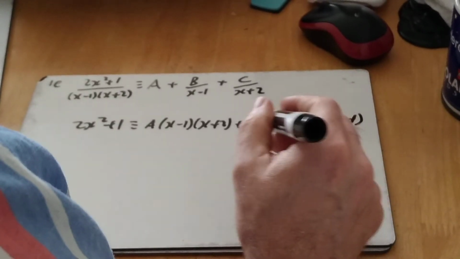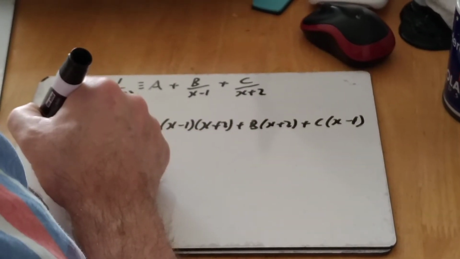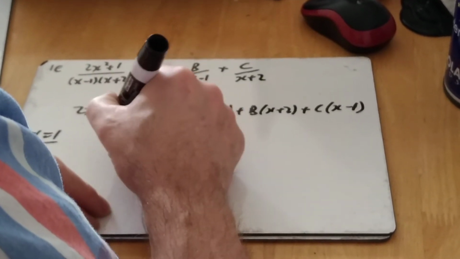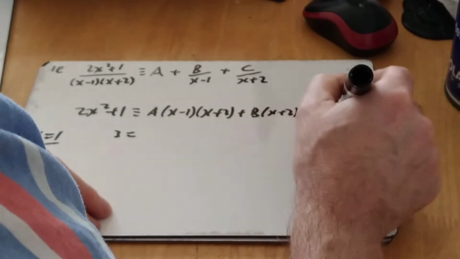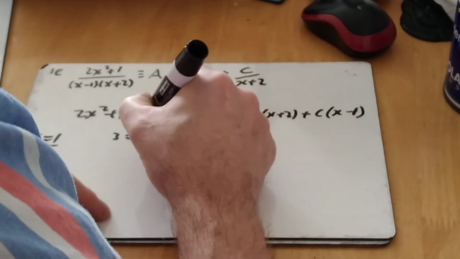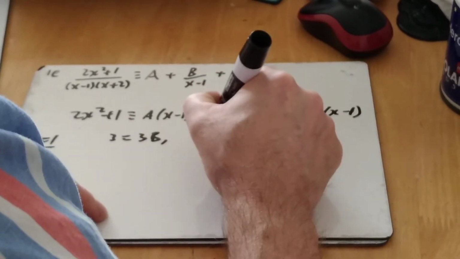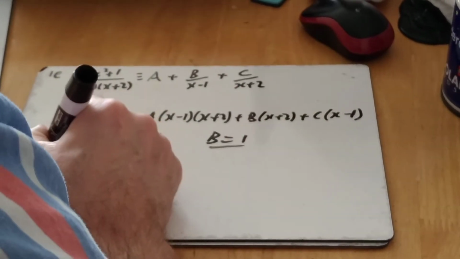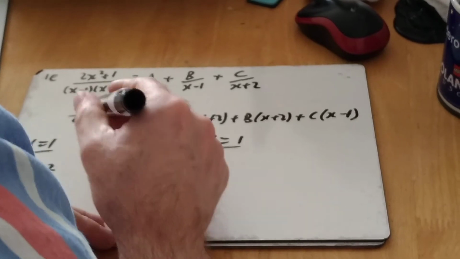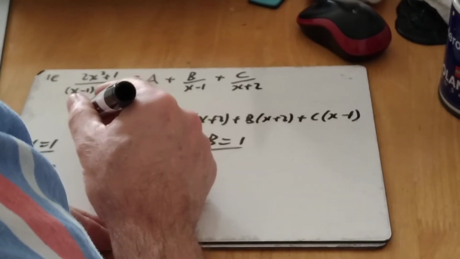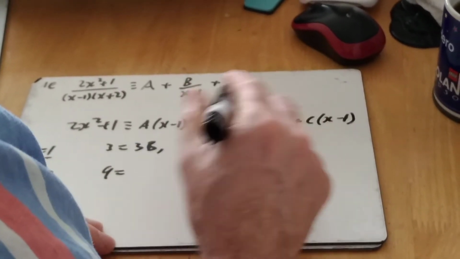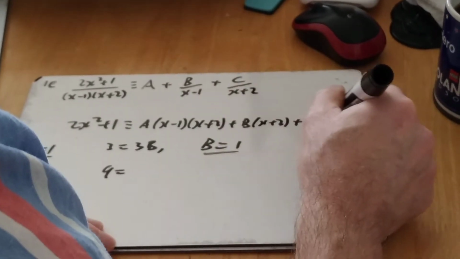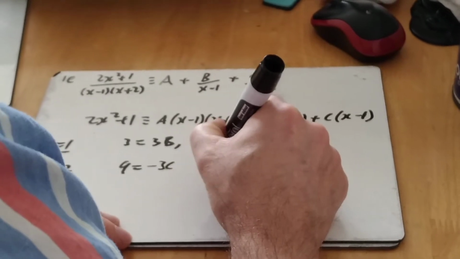And this is now nice and straightforward because I can stick in x equals 1, 2 plus 1, 3, and that eliminates that one and that one to give me 3b, b equals 1. I can stick in x equals minus 2, minus 2 squared, 4 times 2, 8, plus 1, 9, gets rid of that term and the b term to leave me with c times minus 3, minus 3c, c equals minus 3.